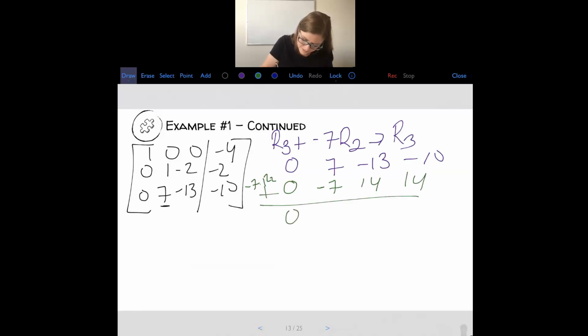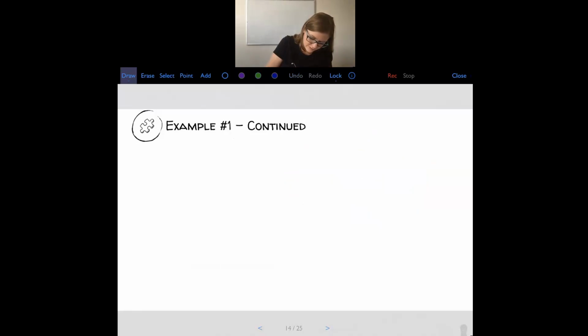Add them up: 0, 0, 1, and this is 4. This becomes my new row 3. Next slide again: 1, 0, 0, negative 4; 0, 1, negative 2, negative 2; 0, 0, 1, 4.